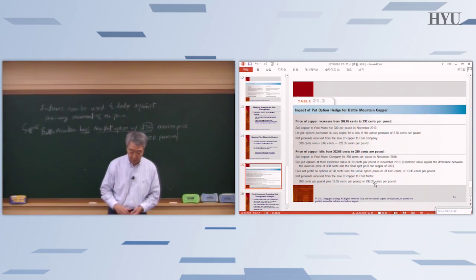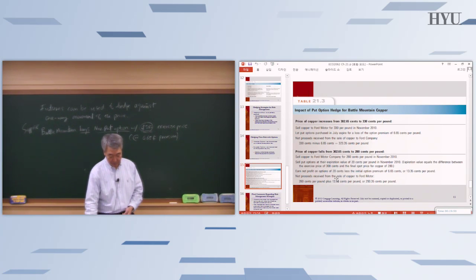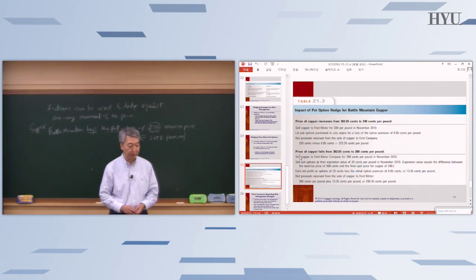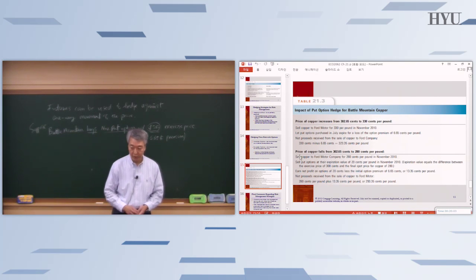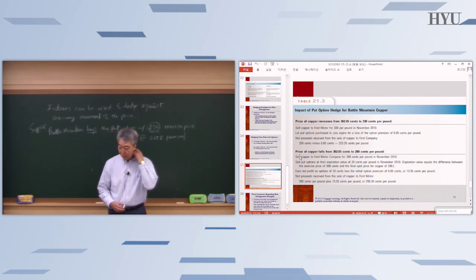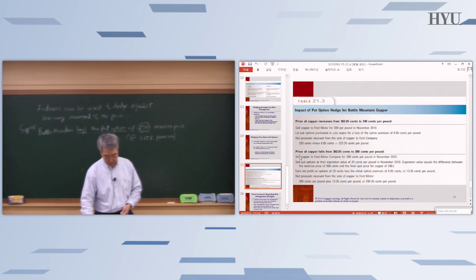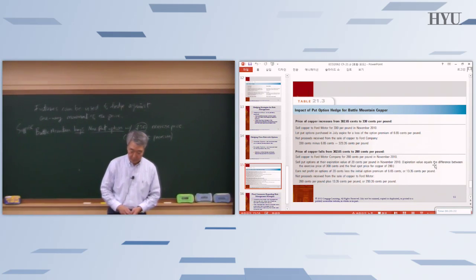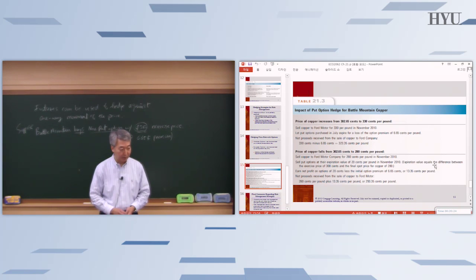But the market price went down to 280 cents in this case, so at least you are recovering some of the losses. You're protecting yourself against the full loss using the option. At some point it may not look like protection, but it is a partial protection.